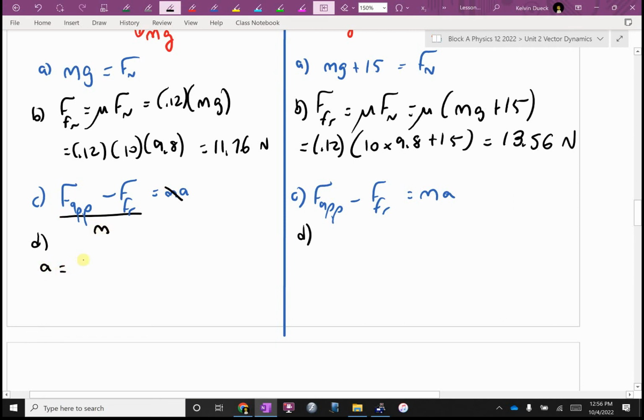A equals, Francesca, what was F applied? Was it 20? Yeah. Minus 11.76 divided by 10. That dividing by 10, I can do in my head. It's going to be 20, take away 11, it's going to be 9, take away 0.76, 0.824? Or am I wrong? Yeah.